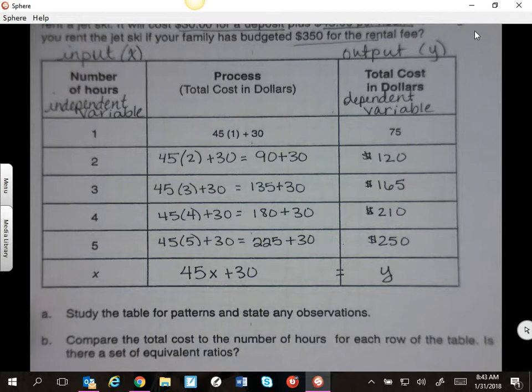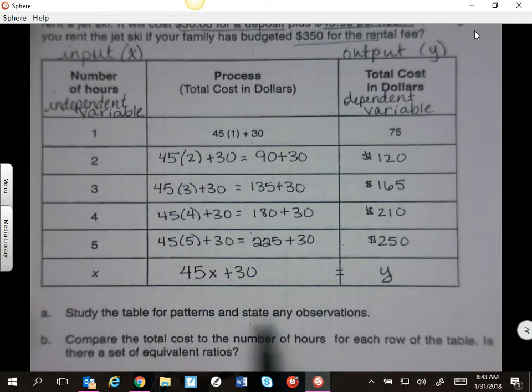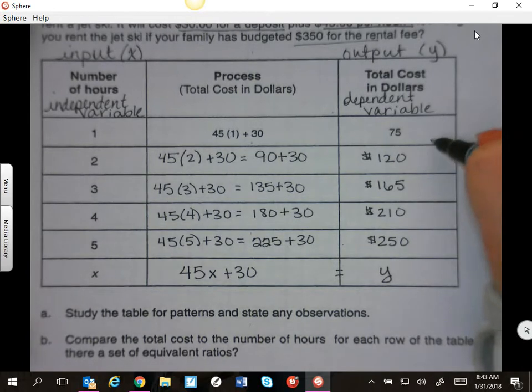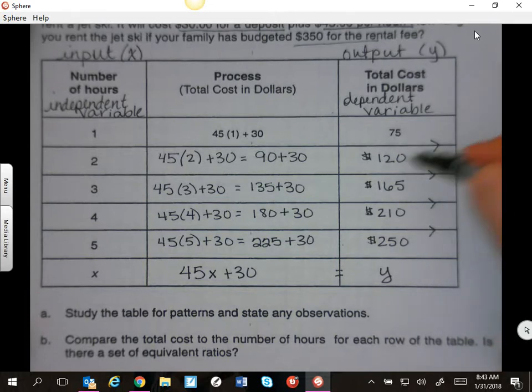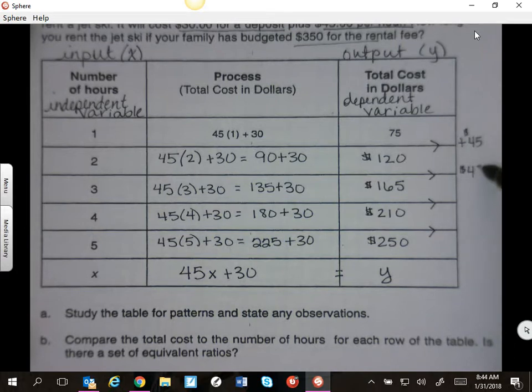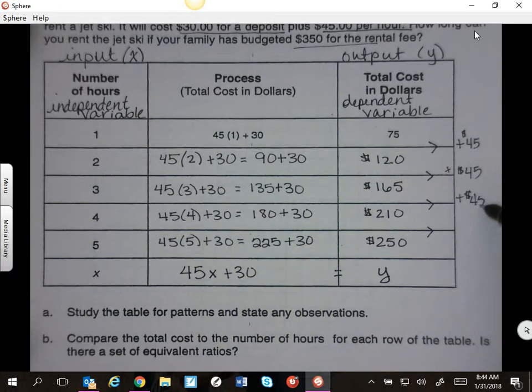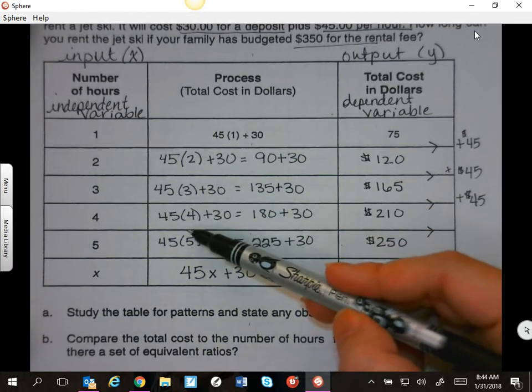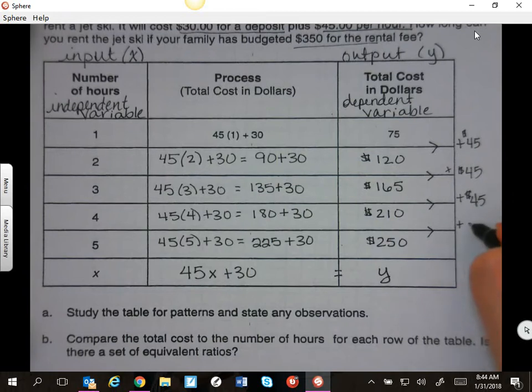So let's look at our table here on letter A. What patterns do you see? Well, I see that every hour we add, the cost goes up by $45. Okay. Well, the reason for that is because each time we multiplied by another hour, which was $45.